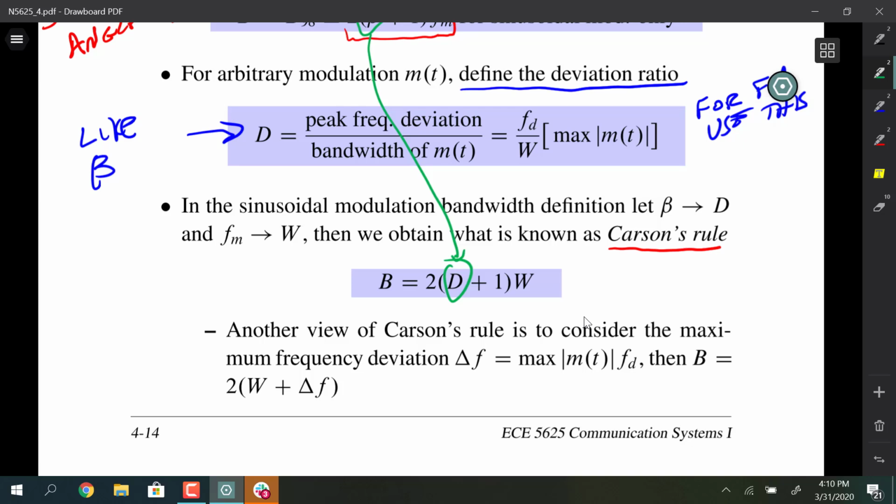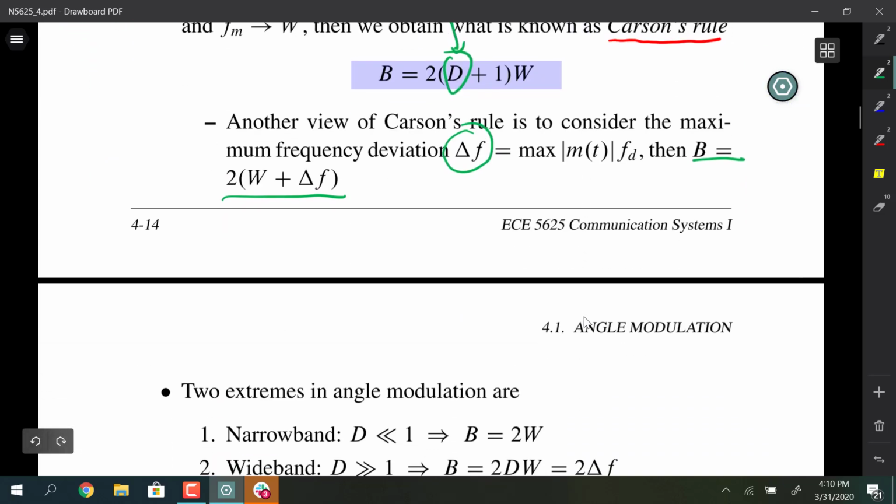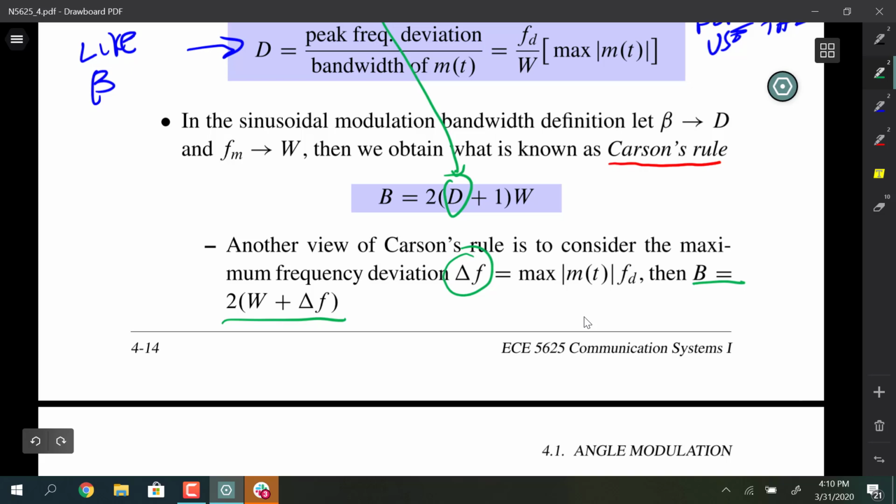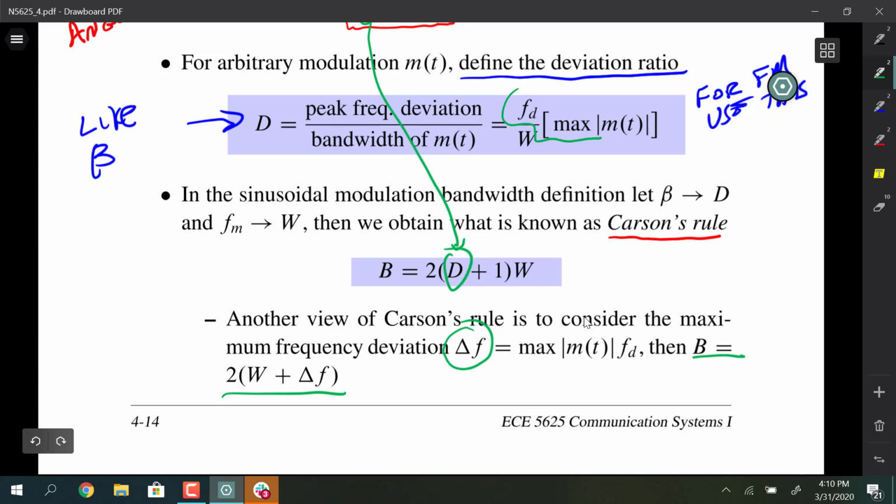We can also work with the peak frequency deviation, delta F, and come up with an equation that says bandwidth B is 2 times the quantity W plus delta F. And all we have to do is understand that delta F is just this portion right in here.